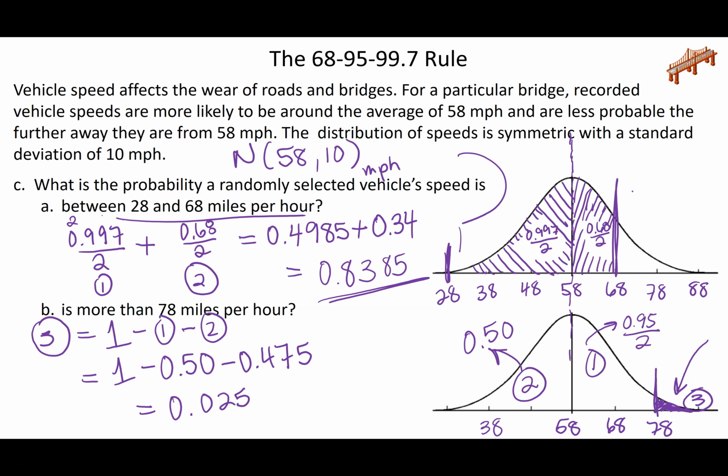So it looks like, according to the empirical rule, about 2.5% of the time that I randomly select a vehicle, it's going above 78 miles per hour. I don't know what kind of bridge this is. It seems kind of risky to me, but it seems like this bridge is built for it.